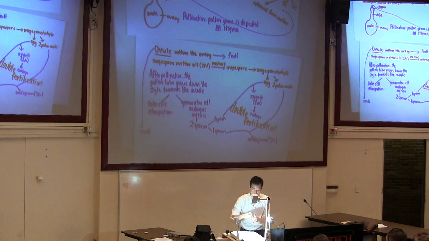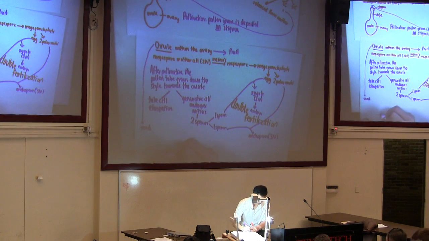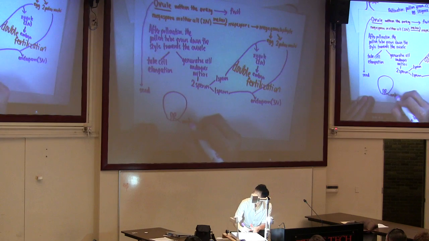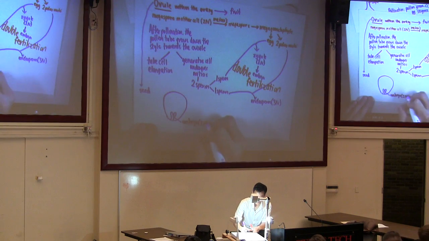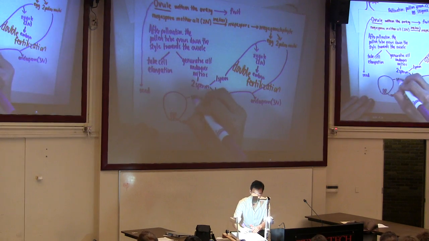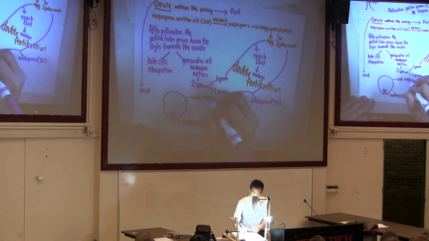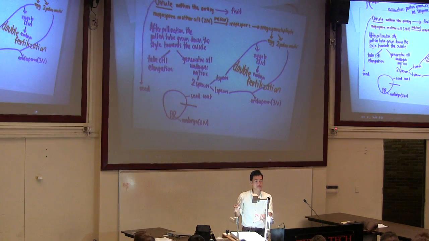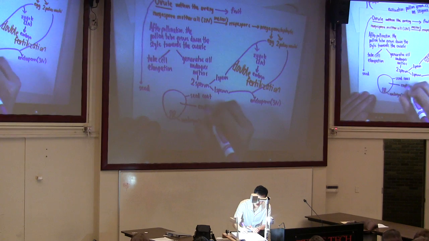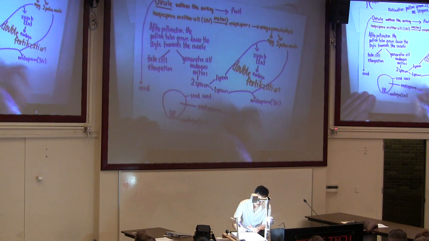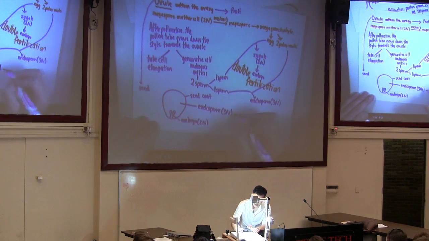So if you look at a seed of an angiosperm, you're going to have an embryo that's diploid. You're going to have a seed coat, and you're going to have, instead of the female haploid gametophyte, you're going to have what? You're going to have a triploid endosperm. And this contains resources.